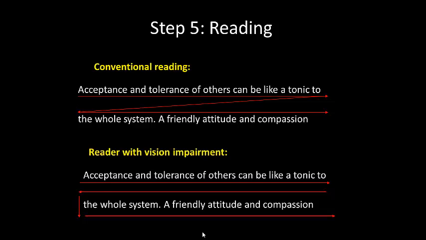When you're teaching someone with vision impairment to read, they need to read slightly differently because they will often lose their place on the page. So what you need to do is get them to read across the line as you normally would, but then when they get to the end of the line, they shouldn't make that diagonal refixation movement, because it's at that diagonal refixation movement that they're going to get lost.